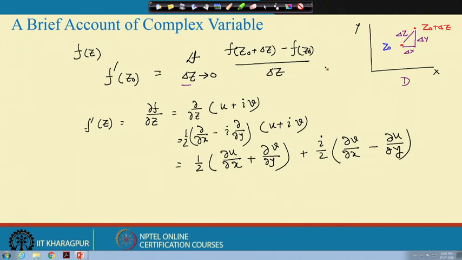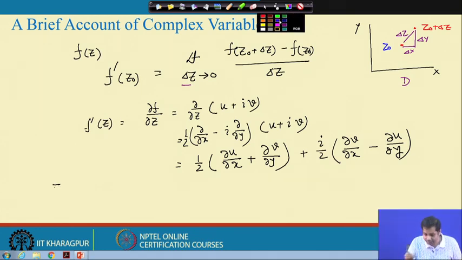It means that in both cases this derivative should be the same. This is important. Let us first separate the x part and the y part.